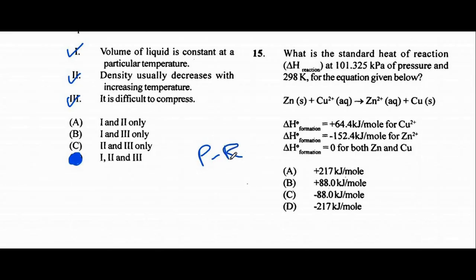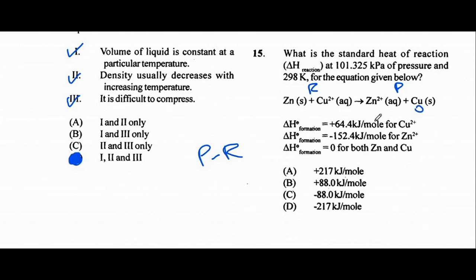PR, like PRO, that's how I remember it, PRO. So you subtract the heat of the reactants from the heat of the products, and seeing that these are our reactants and these are our products, we're going to put the products first, and this would be 0 as you see here.